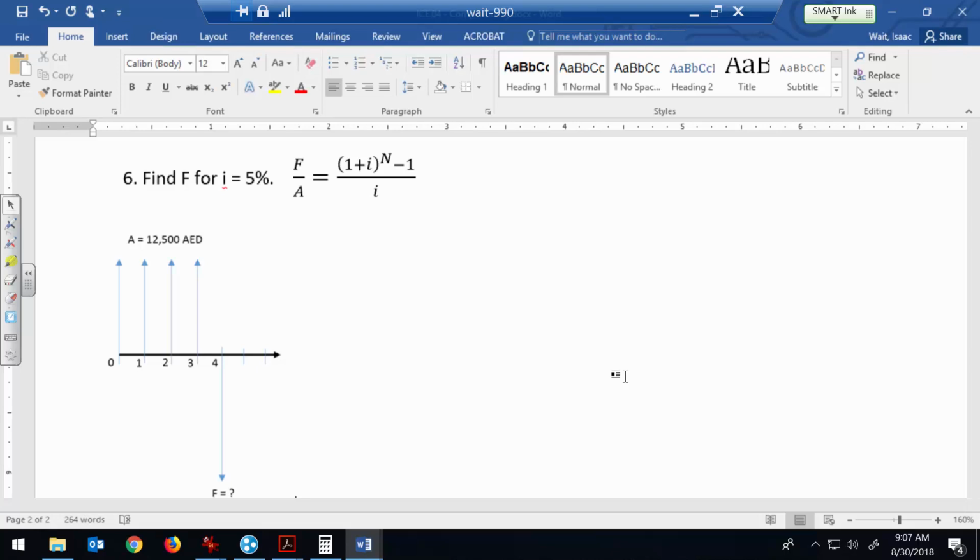And so then how do we find out the year 4 amount? We have to do one last operation. We would do find future given present, and the way that we can do that is just 1.05 times what this previous amount was.